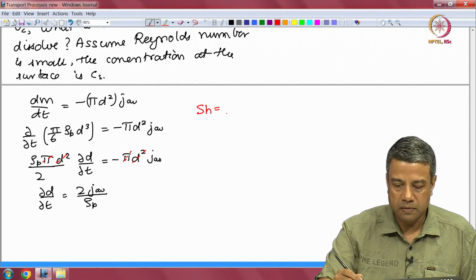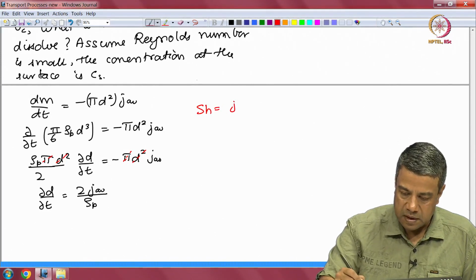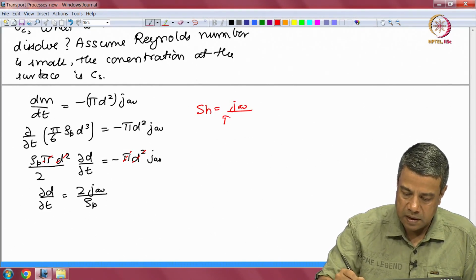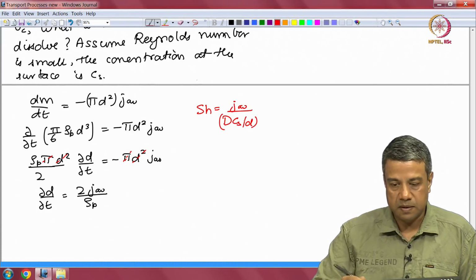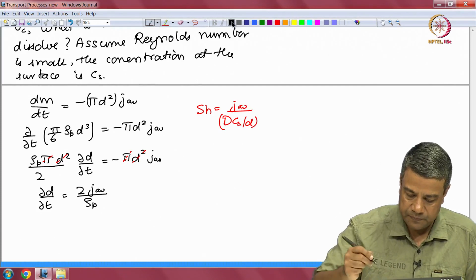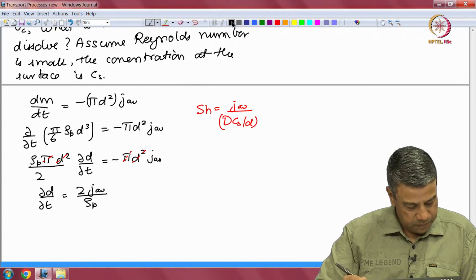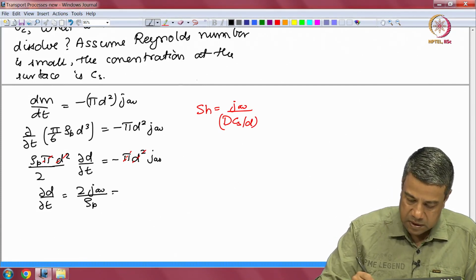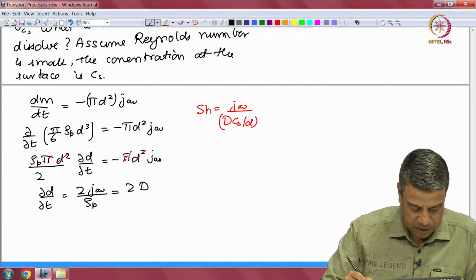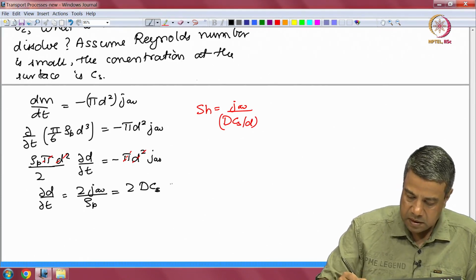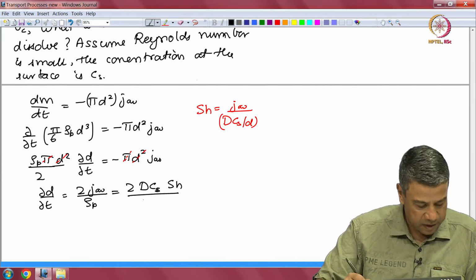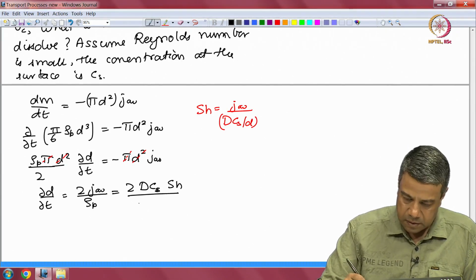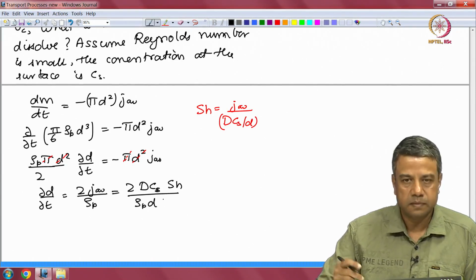Sherwood number is equal to J average by d Cs by the diameter, to substitute for J average. So this is equal to 2 d Cs times the Sherwood number divided by rho p d.